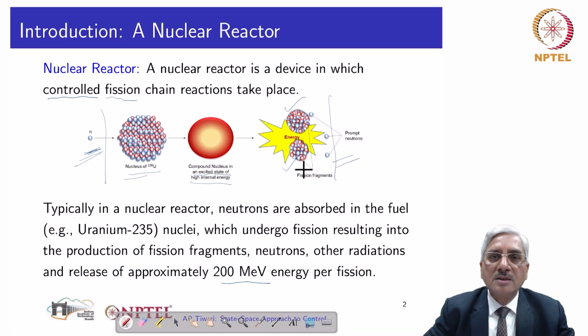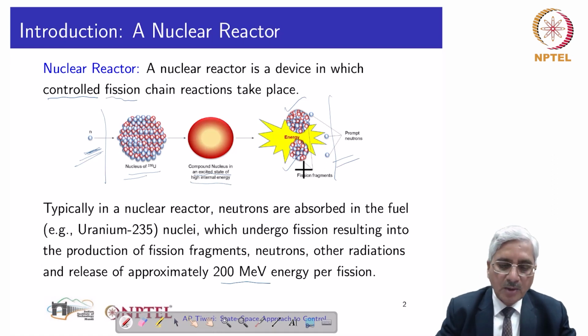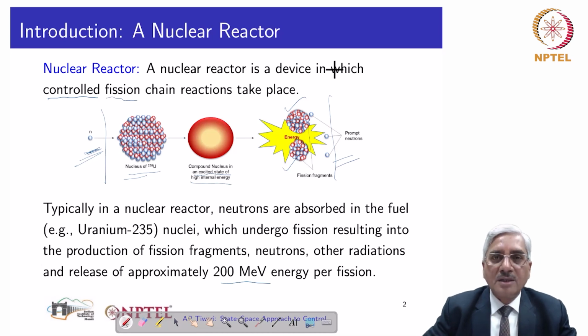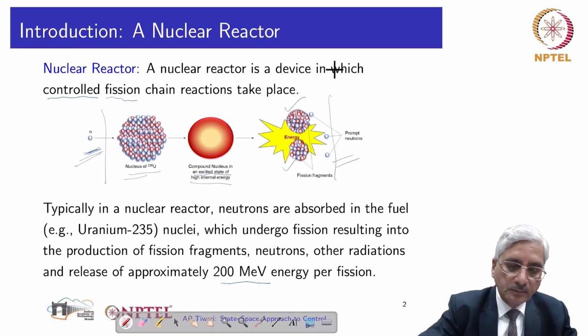And that is the ultimate aim of operation and control of a nuclear reactor. That is what we mean by sustaining or maintaining a chain reaction in a nuclear reactor.